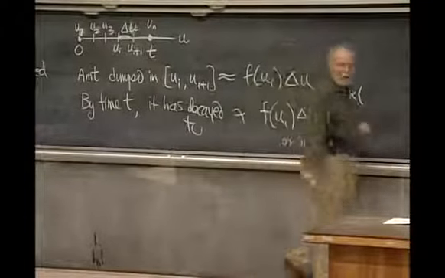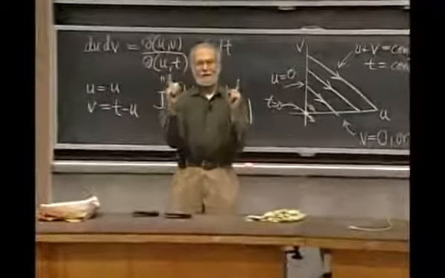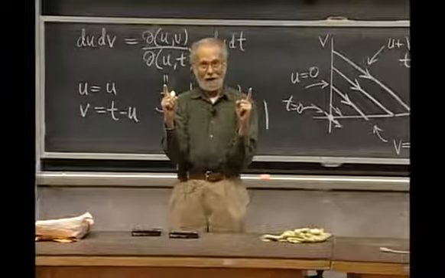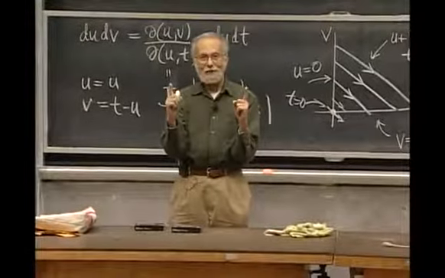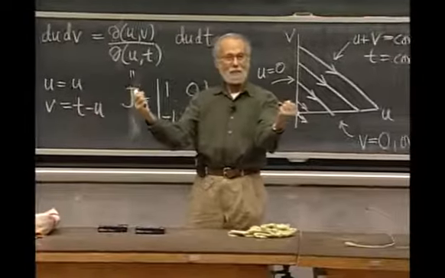Now, what should I put up in there? I have to put the length of time that it had to decay. What is the length of time that it had to decay? It was dumped at ui. I'm looking at time t.